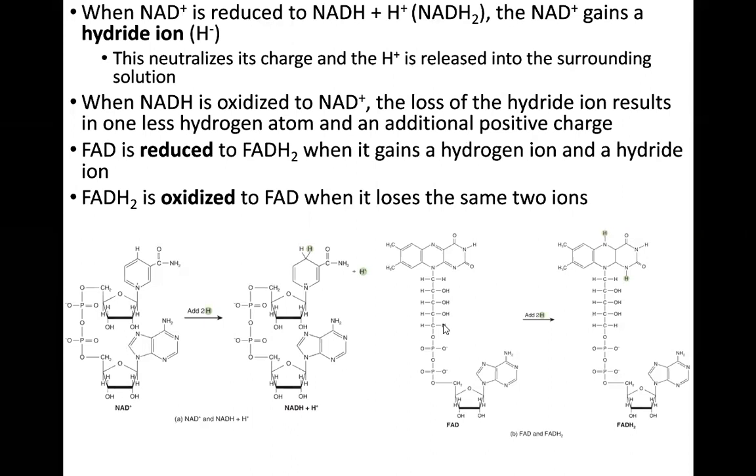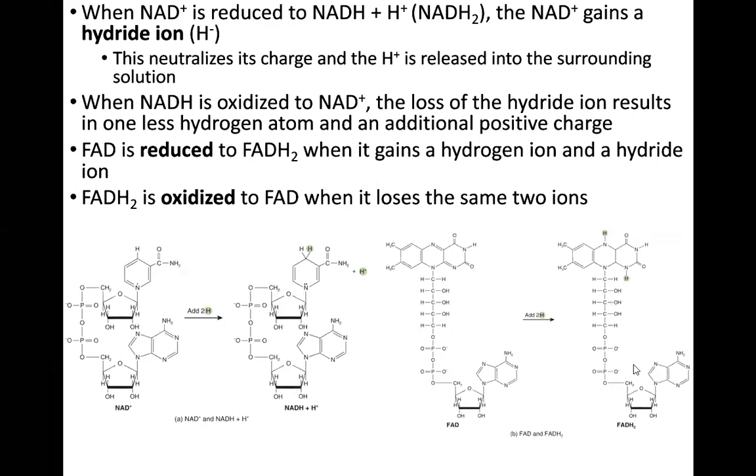And you could say that for FAD. It might actually be a good idea down here in this little blank area to put oxidized for both NAD and FAD. That's its oxidized form, which means it's not containing the electrons that it does gain along with those hydrogens here and here.